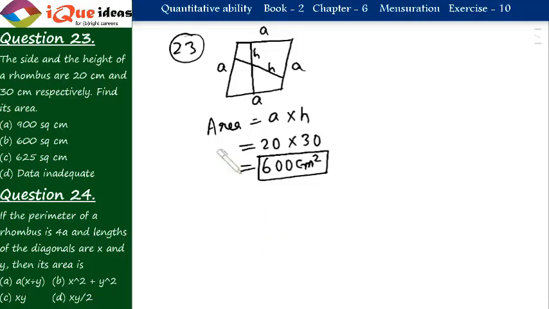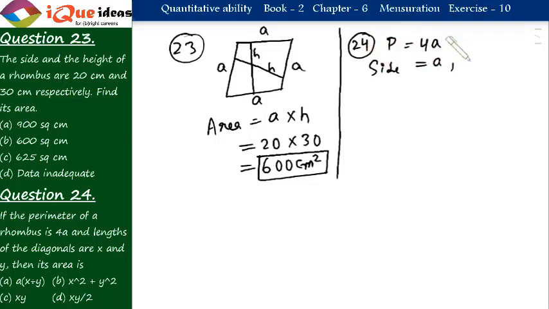Okay. Now question number 24. It says the perimeter of a rhombus is 4A. Now perimeter is 4A, that means side is very clearly equal to A. And the diagonals are X and Y, then its area equal to, right? Now there is another thing that we know, that area of a rhombus is, okay, let me put it this way.